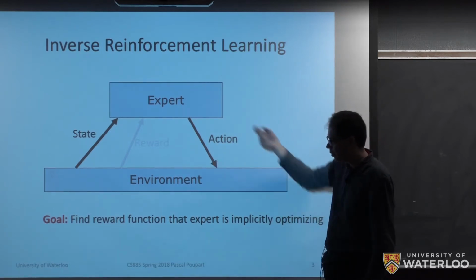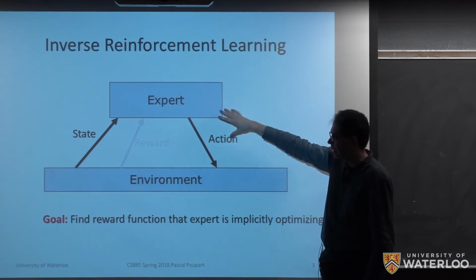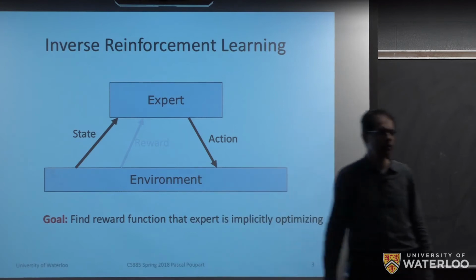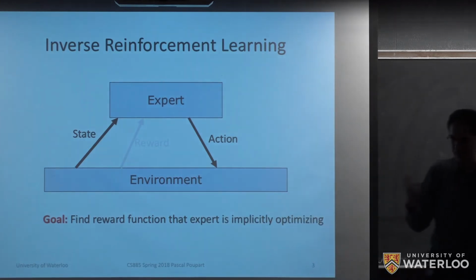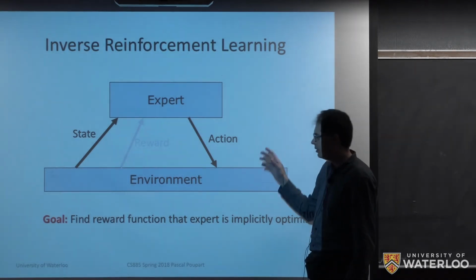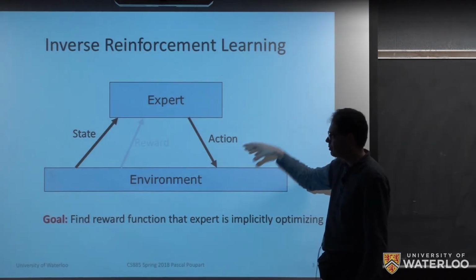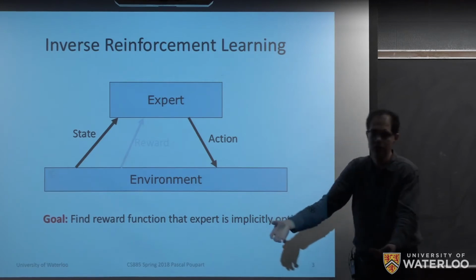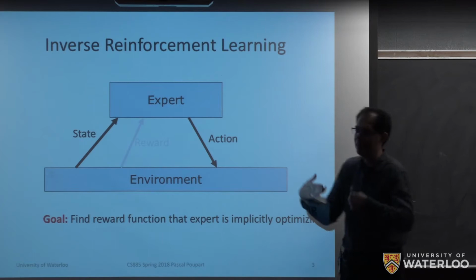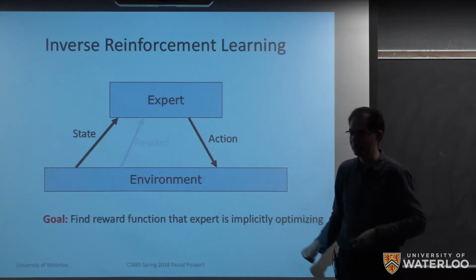That's why the goal is not so much to find the optimal policy, but instead to find the reward function. That's why this is called inverse reinforcement learning. This will be very useful in settings where you would like to teach an autonomous system, often a robot or self-driving car, based on expert demonstrations.